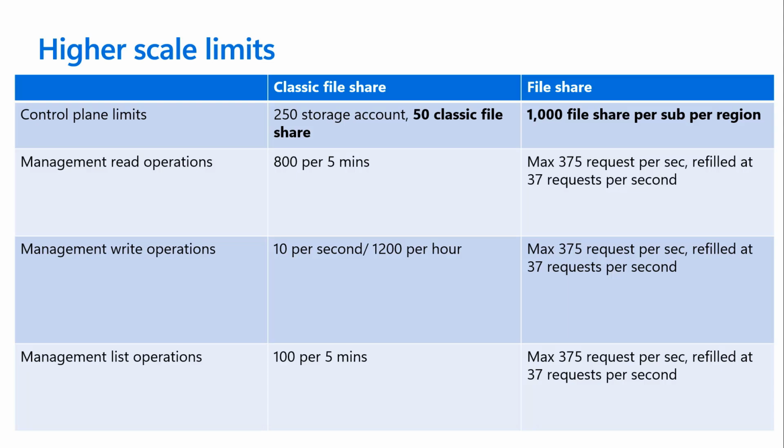For the new file share experience, in preview, we're supporting up to 1,000 file shares per subscription per region, and we do intend to increase this limit as we get closer to general availability. In the meantime, the management read, write, and list operations all have an improvement to a maximum of 375 requests per second with the refill speed at 37 requests per second.